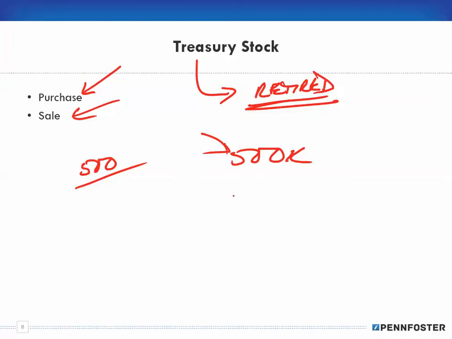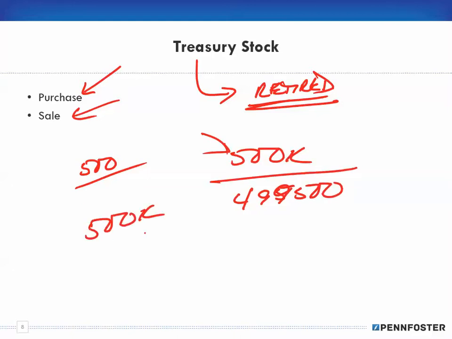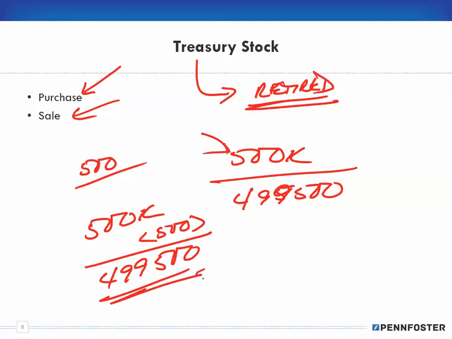Well, now the common stock will only have 499,500 shares left, right? That's the 500,000 less the 500. So they'll have common stock of 499,500 shares available, because now we have treasury stock of 500 shares.